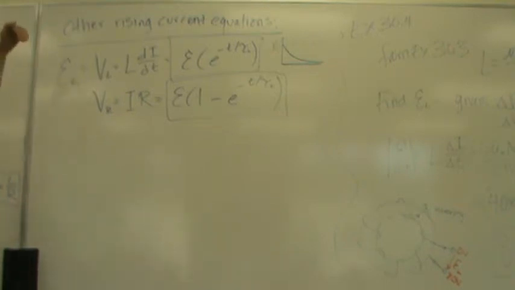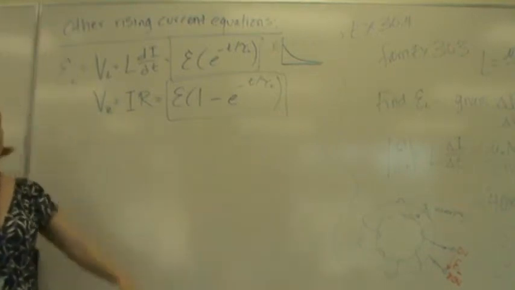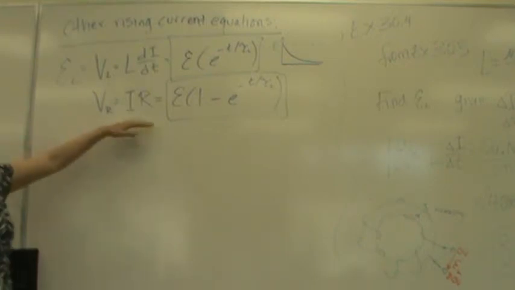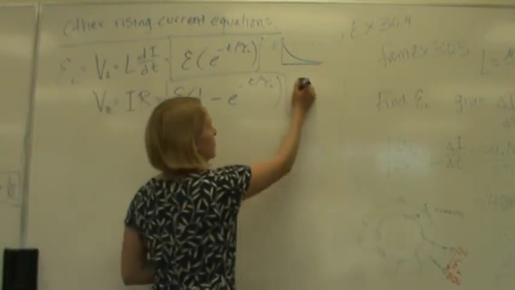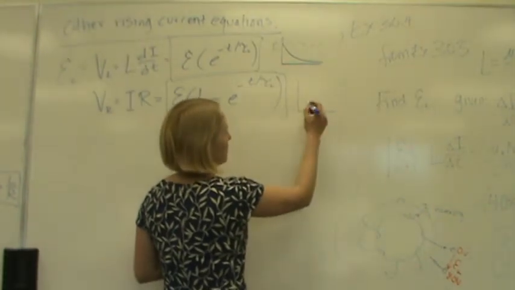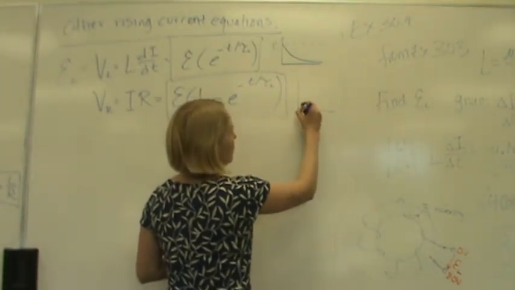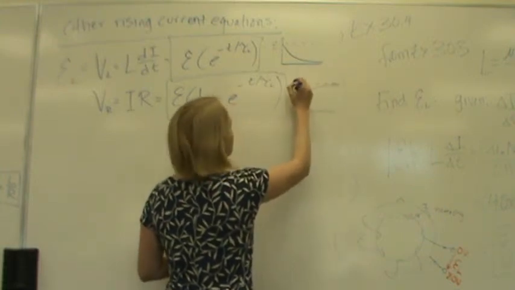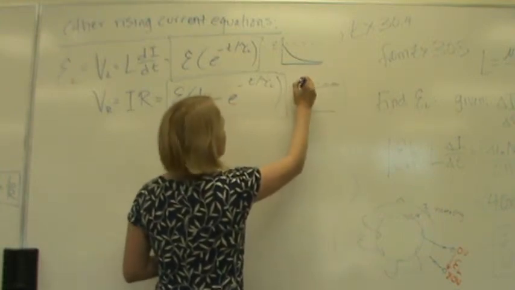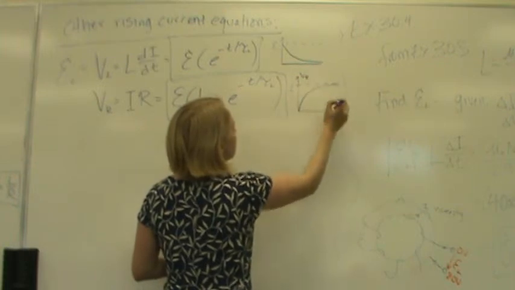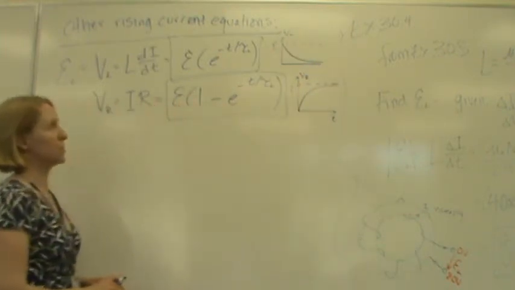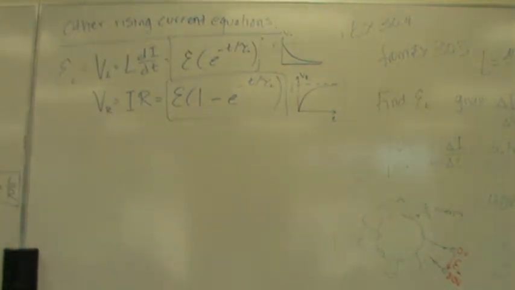It's going to start out high and go to 0. And then the voltage drop across the resistor, based on the form of this equation, shows that, of course, the current is 0 to start, so there's no voltage drop across the resistor to start. So that one rises while the voltage drop across the inductor falls.